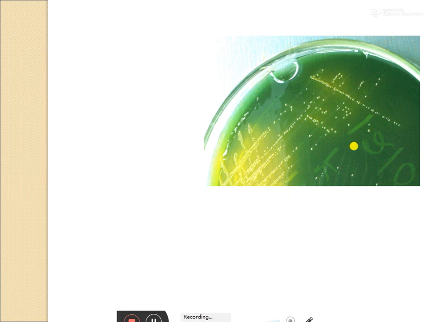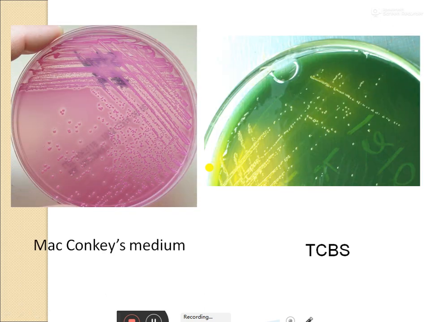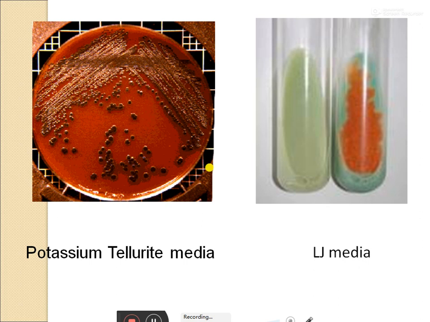Already we have seen on TCBS media that Vibrio cholerae shows large yellow colonies. And this is the potassium tellurite media which shows the growth of microorganisms, and Lowenstein-Jensen media, the growth of Mycobacterium tuberculosis.